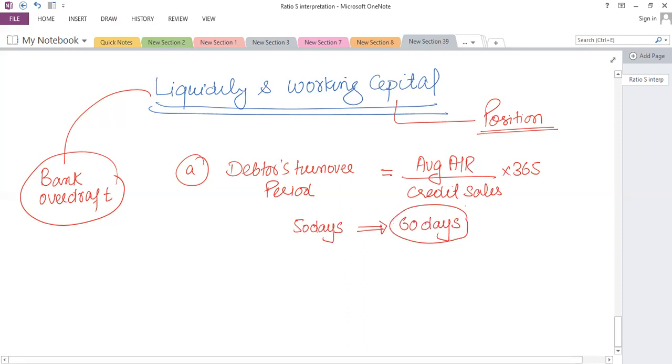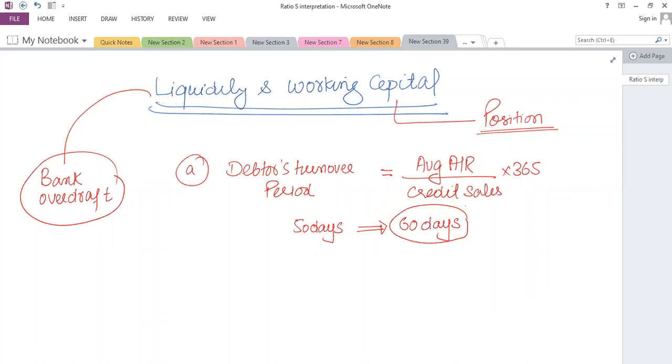Am I right? It's not good for the organization, because if debtor days are increasing, it means you have to finance these from the bank overdraft. That would put pressure on your liquidity. But sometimes the company intentionally allows debtors to take a few more days.